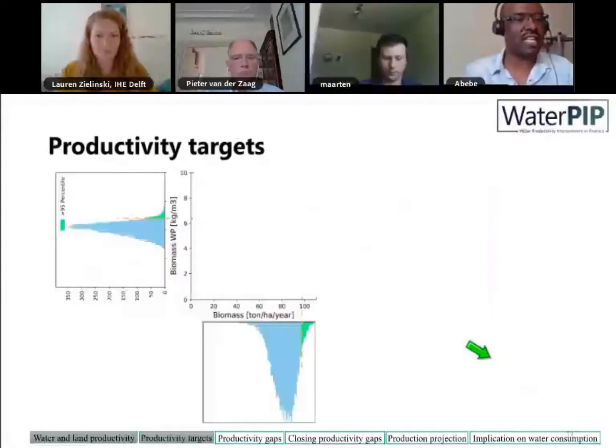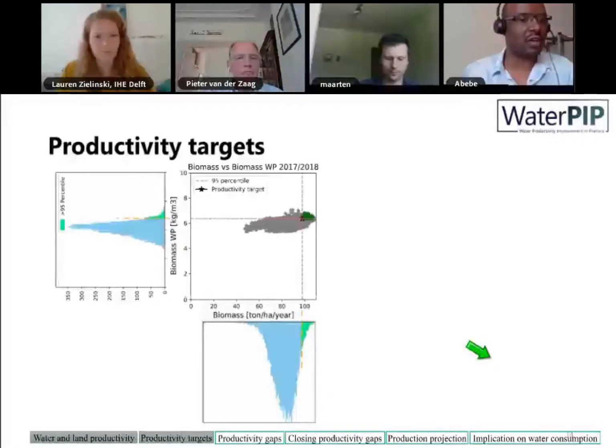To identify the target, we plot the biomass on the x-axis and the biomass water productivity on the y-axis. And then, as I already showed, if we plot them, we can nicely show the relationship between those two, and also the target productivity, which is indicated by the dark star.